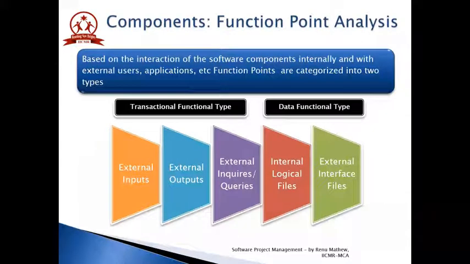Now let us understand the categories of function points. Based on the interaction of the software components internally and with external users or applications, they are categorized into two types: transactional functional type and data functional types.